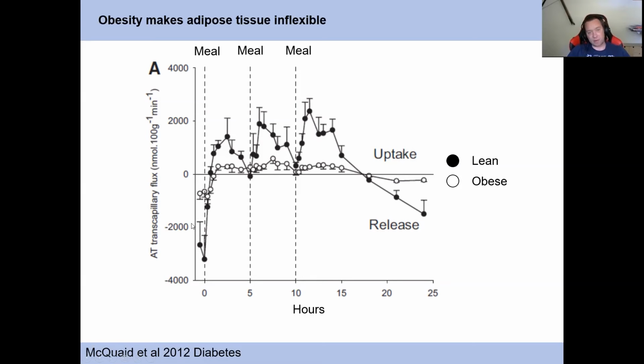And what you can see here is this is starting to look very much like the red line of the RER profiles in our theoretical mice RER profiles I drew out is the obese ones, and the healthy ones have a nice flexible range, a big amplitude in their free fatty acid release.